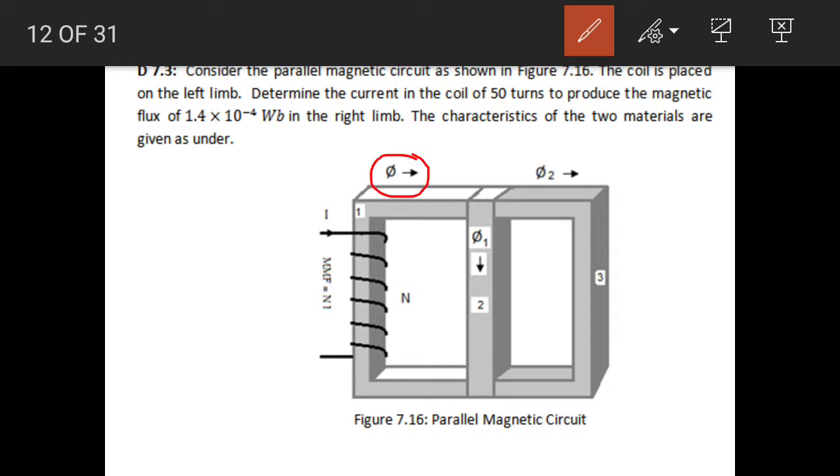This magnetic flux is generated by the current in the coil. Here is the node of the circuit. The total magnetic flux divides into 2 parts at the node. The magnetic flux in the central limb of this parallel magnetic circuit is phi 1 Weber, and the magnetic flux in the right limb is phi 2 Weber. So phi 2 is given to you guys.